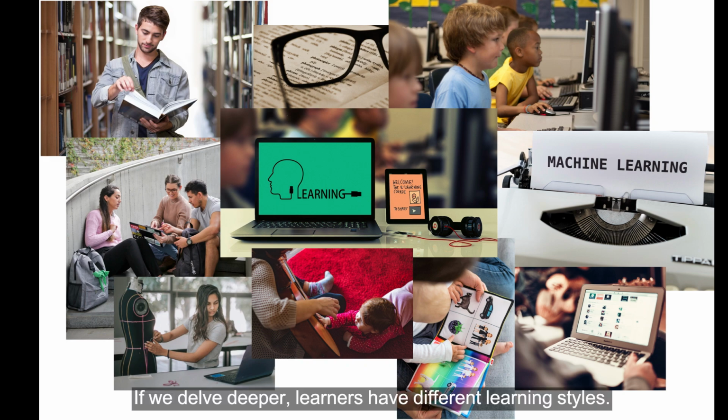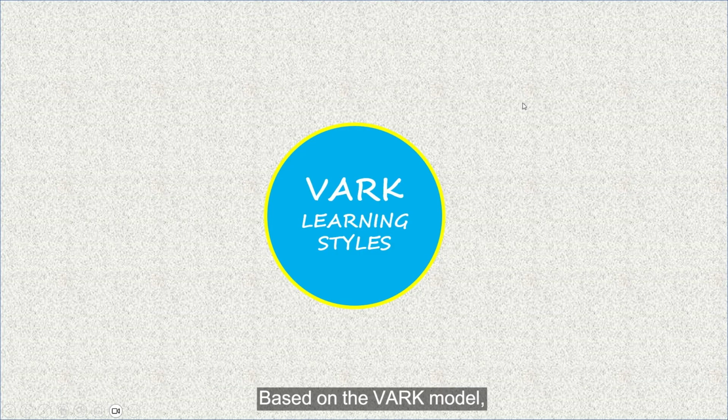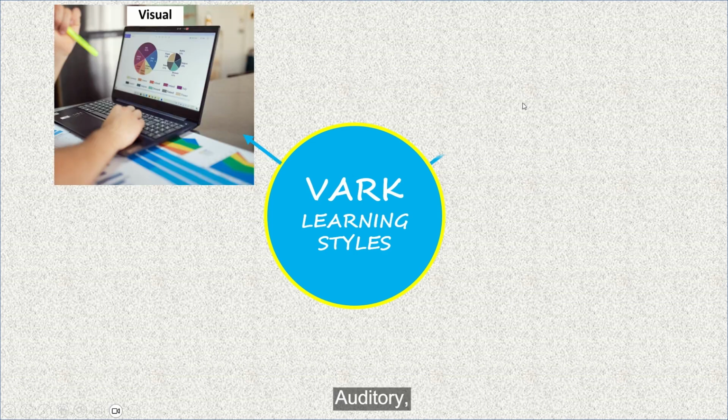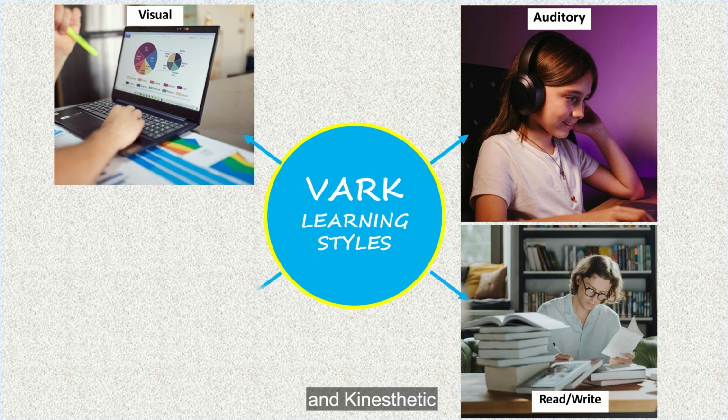If we delve deeper, learners have different learning styles. Learning styles refer to a range of theories that aim to account for differences in individuals' learning. Based on the VARK model, there are generally 4 types of learning styles: visual, auditory, reading and writing, and kinesthetic.